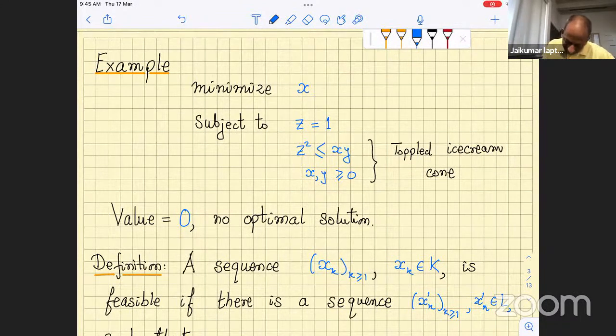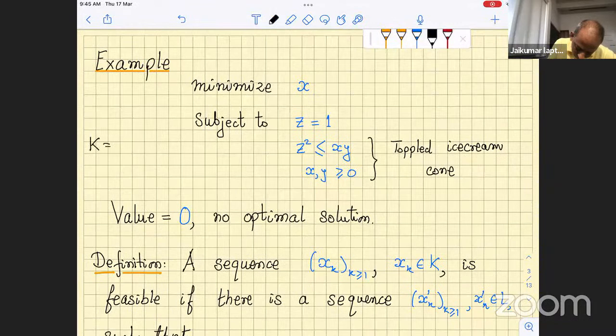Okay, so let us just see how this is a cone program. Let me try and write things down. So what is the cone K? K is this toppled ice cream cone. Now we have this equation.